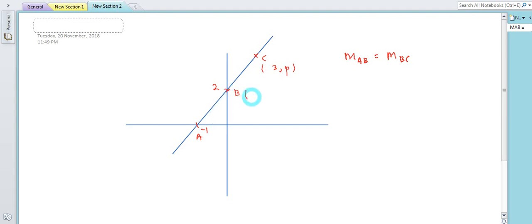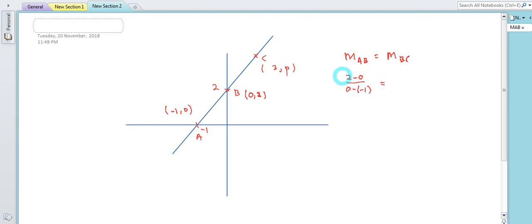Or use another formula which we always use. So this is on the y-axis, x is equal to 0. On the x-axis, y equals 0. Okay, so we know the gradient must be positive, right? So 2 minus 0 over 0 minus negative 1.